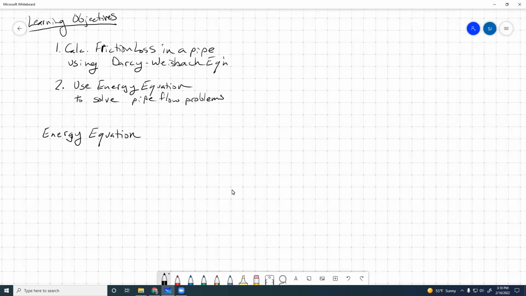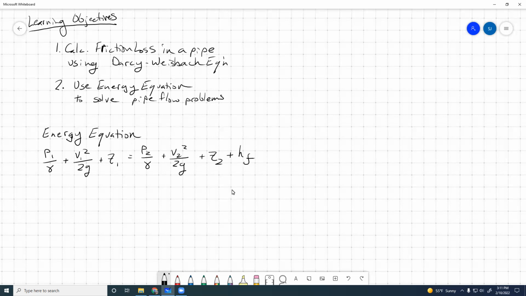So we'll write it together. We'll say it together. Ready? P1 over gamma plus V1 squared over 2g plus Z1 is equal to P2 over gamma plus V2 squared over 2g plus Z2 plus head loss.